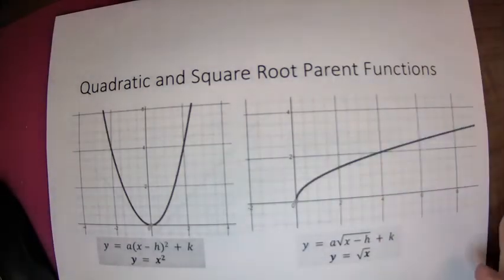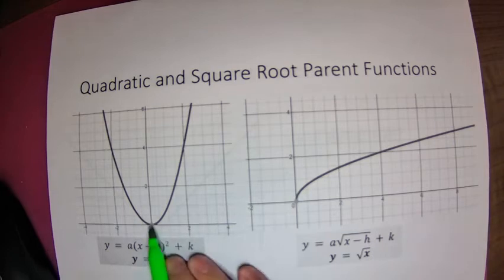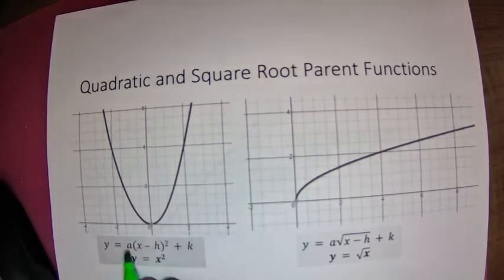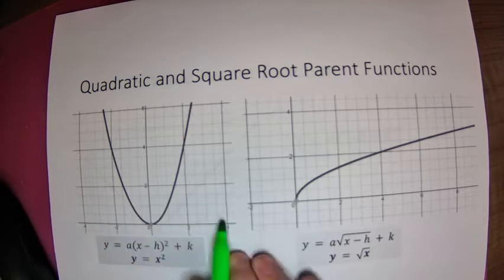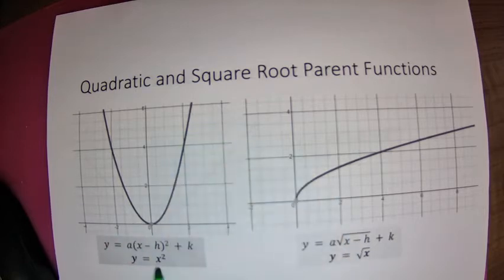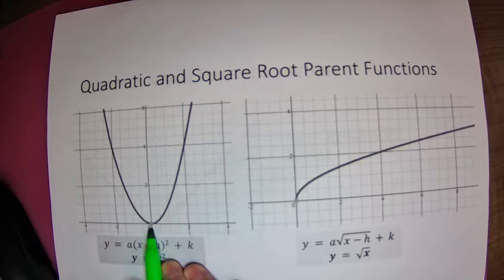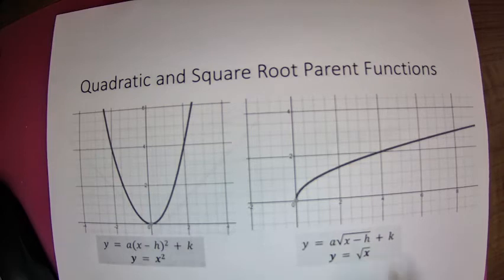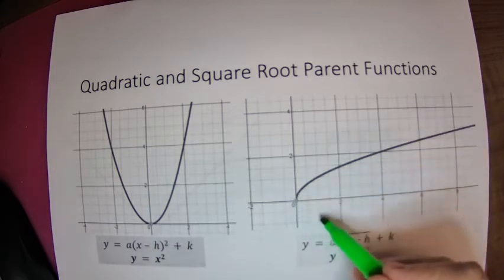Okay, we've also got the quadratic form. Here's our quadratic form, where h shifts us left and right, and k will shift us up and down. And then the parent function that I've graphed for you is y equals x squared, which means that my vertex is at 0, 0. We also have a square root form, which is kind of a sideways parabola.